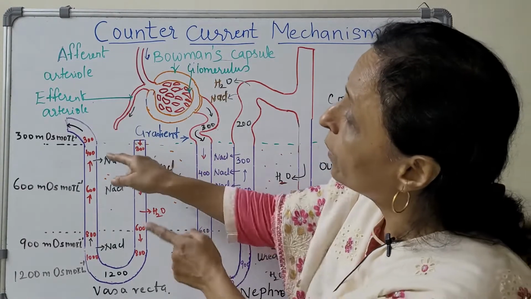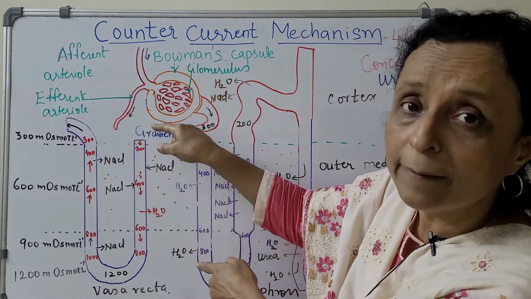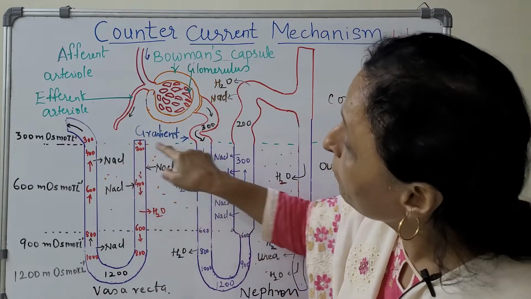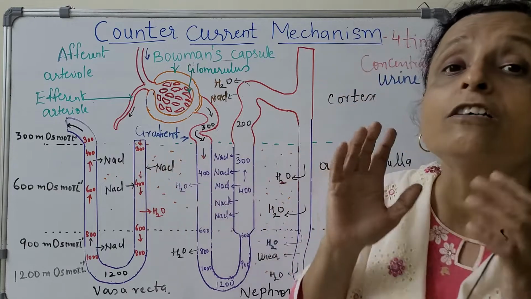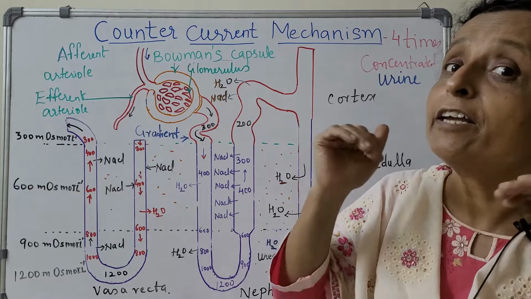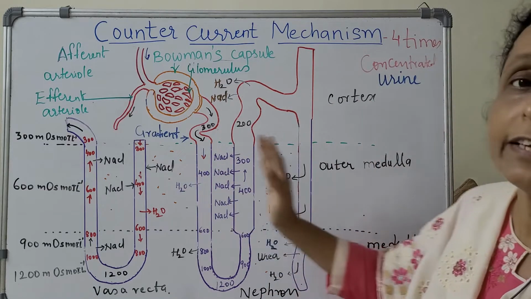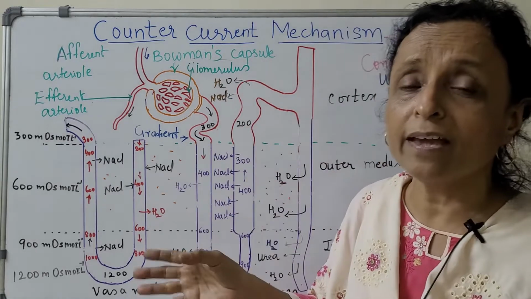So here blood will take in NaCl and give it to this ascending limb, and that will balance the concentration of the intermedullary fluid, the fluid which is present in the medullary region, the interstitial space.